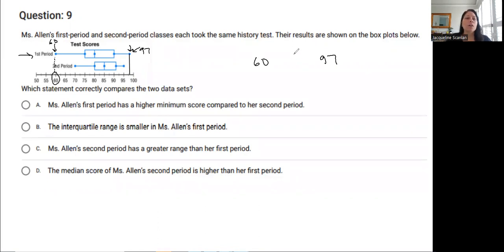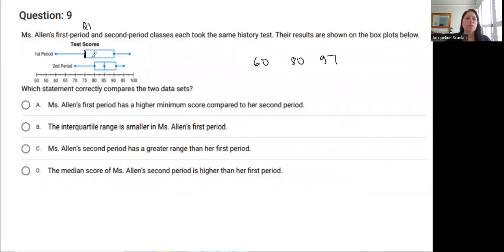The other parts of the box plot that are important, the next one is called the median. It's your middle number, and that's represented by that line that goes through this part of the box. So the middle number is 80, right? And then I can also pull what are called quartiles, right? So this line of the box right here is your first quartile.